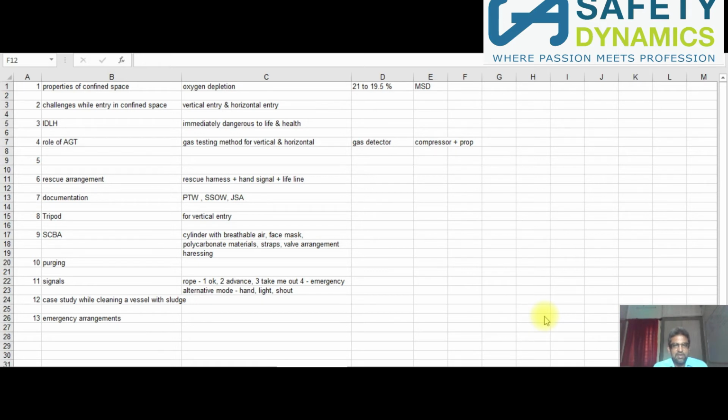Correct? Now, by chance if it is going to be a vertical entry, how are you going to check? Vertical entry, say the boiler level is about 10 meter or 15 meter. How will you check? You wouldn't be able to go inside the container. You wouldn't be able to go inside the process vessel. So the best thing would be a process called a compressor with a probe. The compressor will be able to suck the air from any part of the container, and the gas detector will be fixed on the compressor on the top.